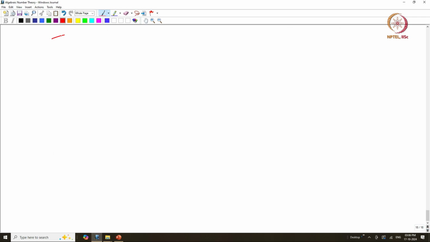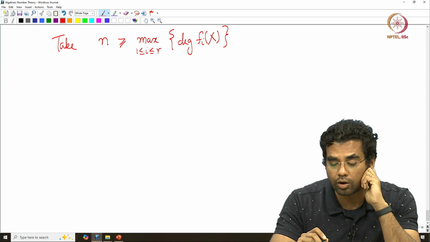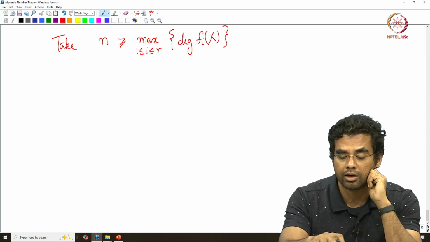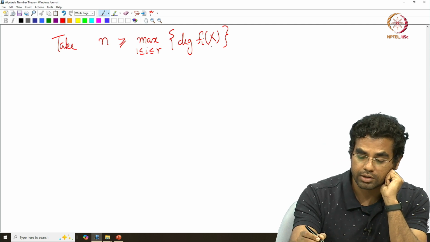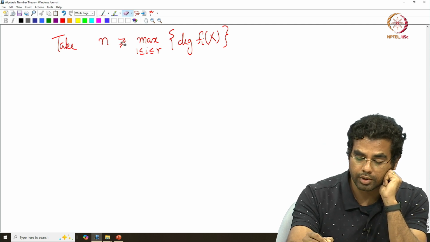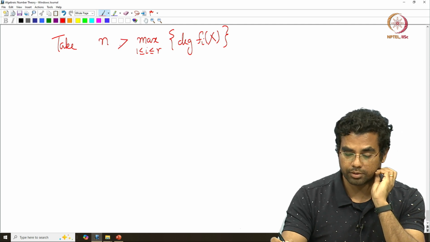Now, you take n to be bigger than the max over 1 ≤ i ≤ r of the degree of fi(x). These are all polynomials, so they have some degree, an integer. I take all those finitely many numbers and take an integer n strictly bigger than all of them.